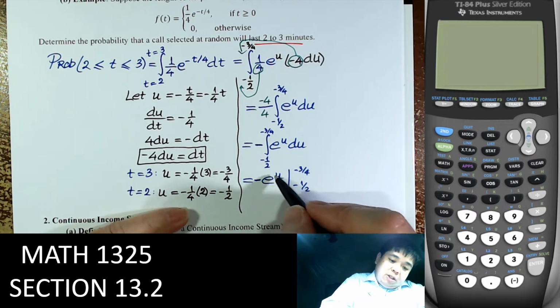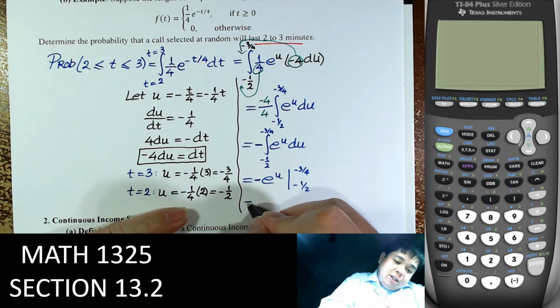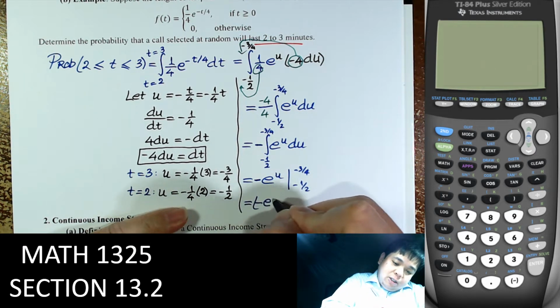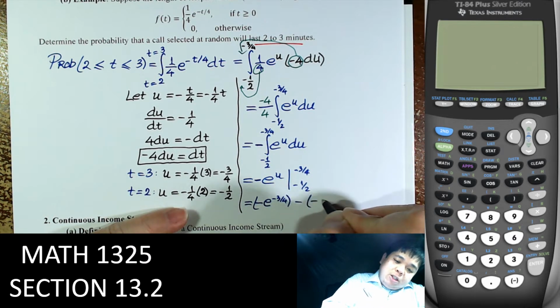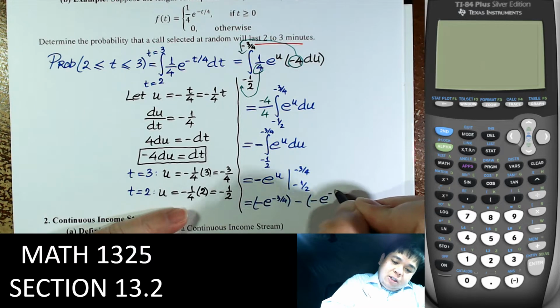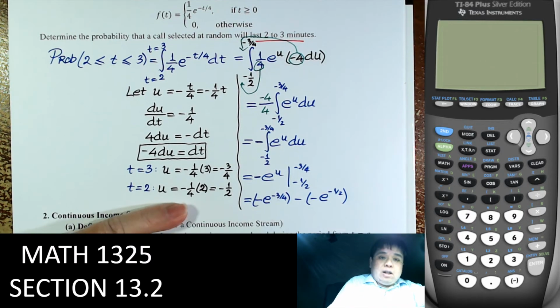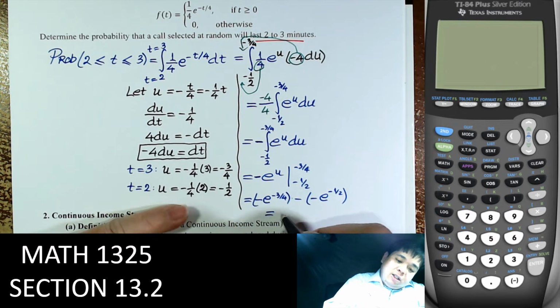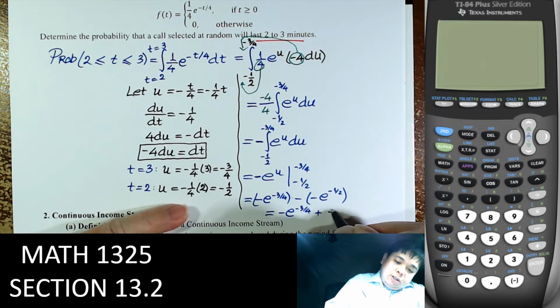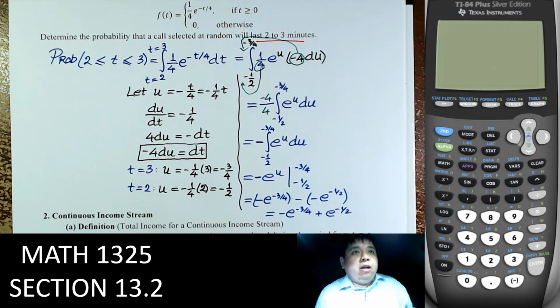And now we're going to substitute in the upper limit, and subtract where we substitute in the lower limit. Right, negative and negative, that's a plus. So that's what we have.